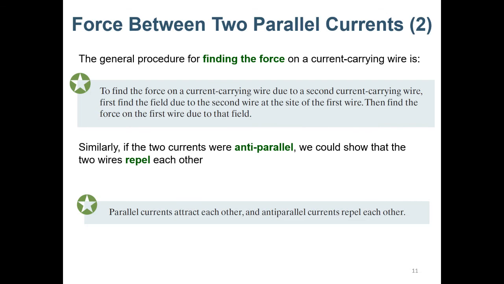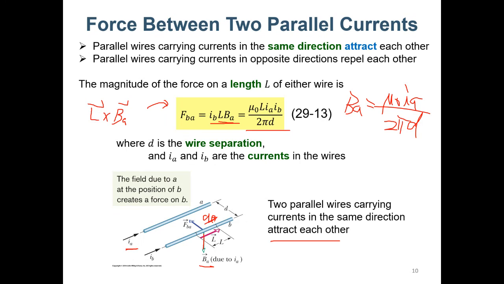Similarly, if two currents were anti-parallel, which means that the wires are parallel to each other but the directions of the current are opposite, suppose now IB points to this side, then this is what we call anti-parallel.